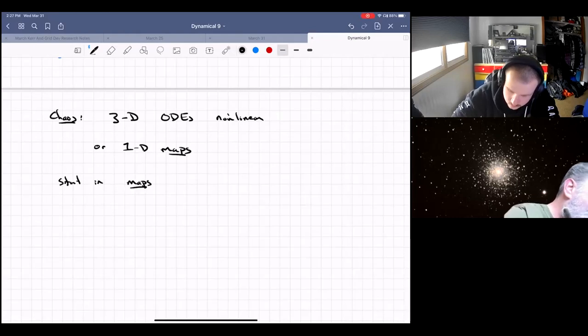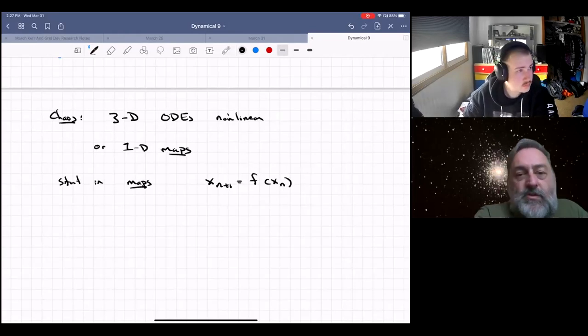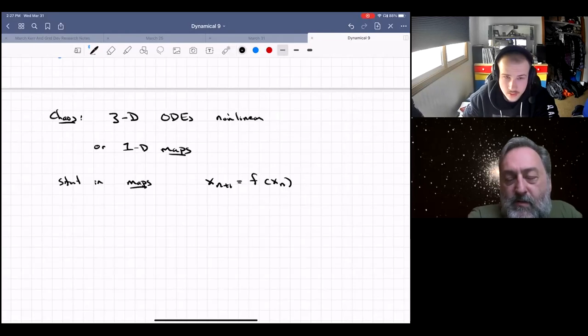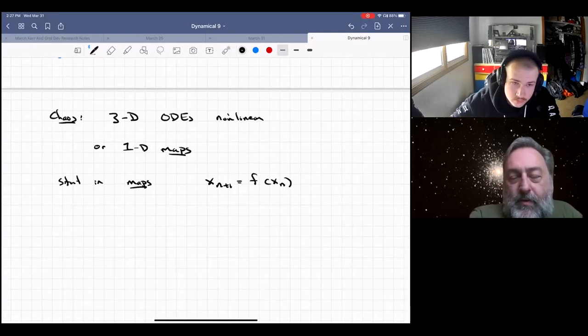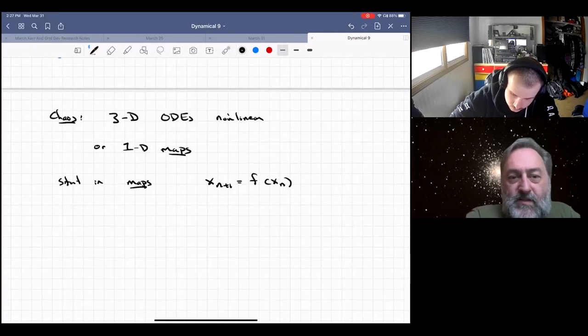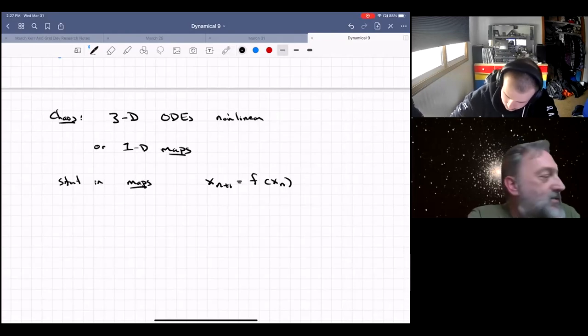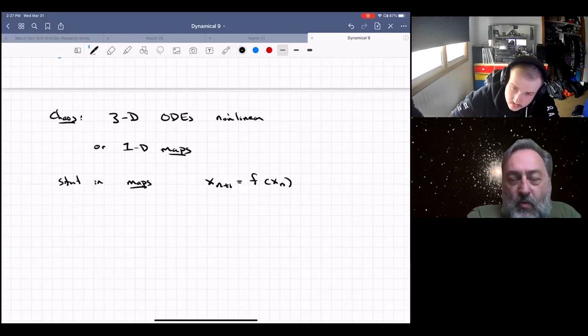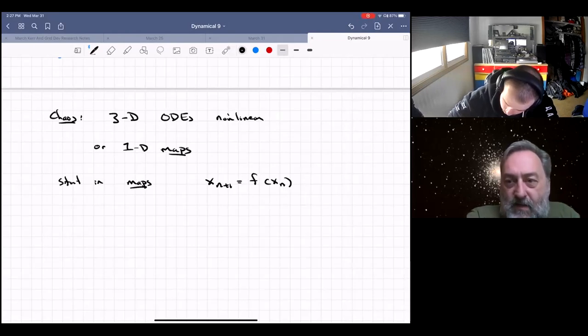Okay, so a map is some relationship which hops you point to point to point. We're going to jump from one point to the next point to the next point to the next point in one dimension. And so our map equation is x of n plus 1 is f of xn.